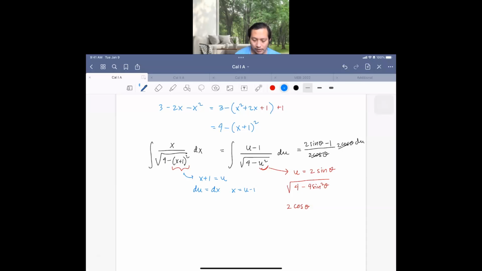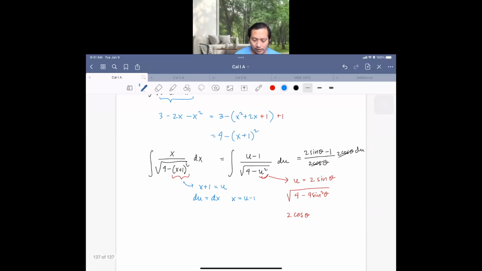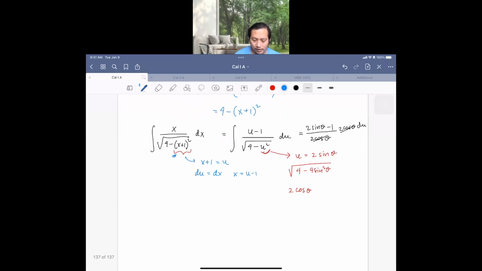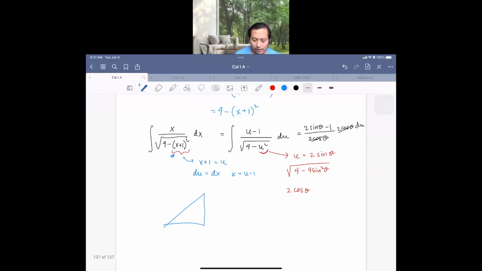But remember, we have to go back to x, so we need to use the triangle, where we say this is theta. So sine theta is u over 2. So with sides u and 2, the other side will be the square root of 4 minus u squared. Okay, so the result will have u, and u is x plus 1, so we need to change back to x.